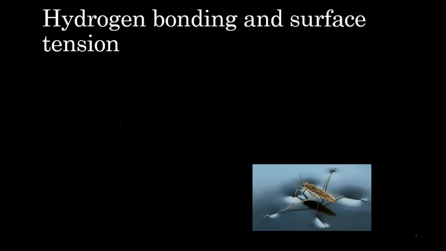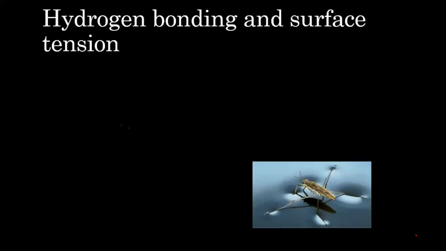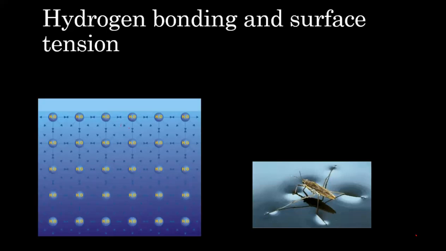Hydrogen bonding and surface tension. So let's take a look at this mosquito here. We've always seen this type of situation where a mosquito lands on a surface of water and it doesn't sink. The insect simply walks on the water. How does that happen? Well, if you take a look at water on the surface, it is obviously composed of a layer of water molecules, and this layer kind of forms a film.